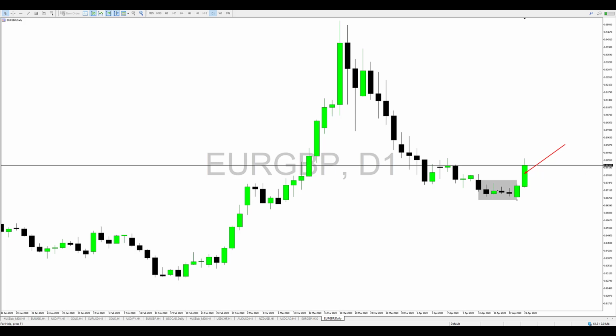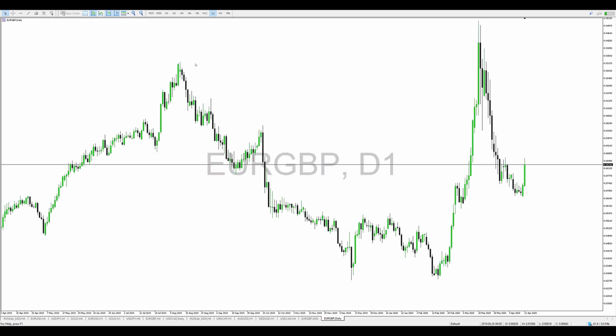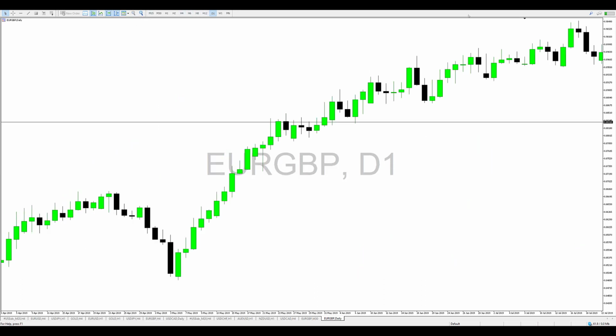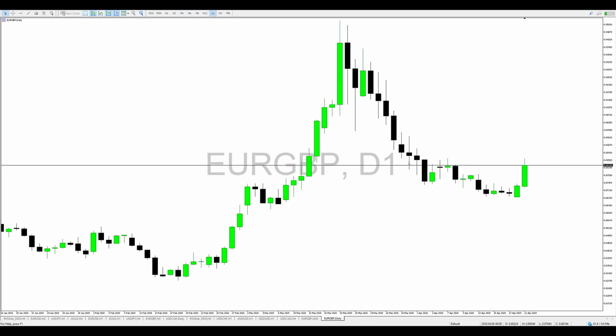So to define the range, let me clear up the charts and zoom in. Right, now I'm going to highlight the bullish order block that was broken prior to the market ranging to the downside.